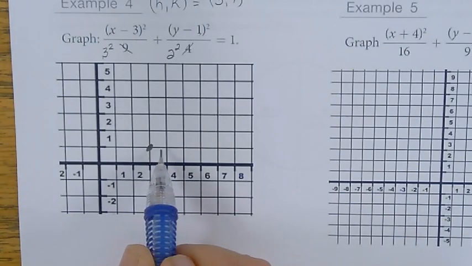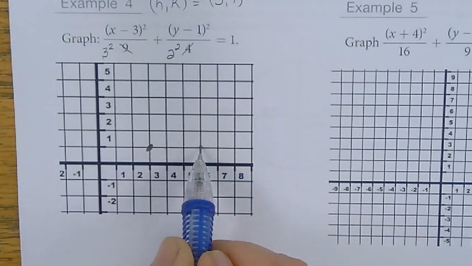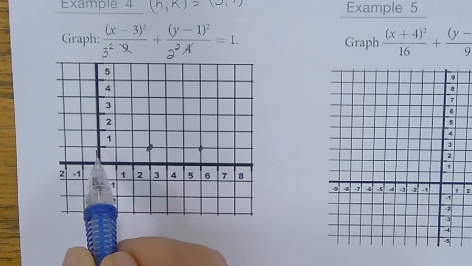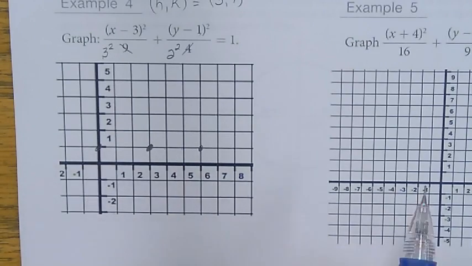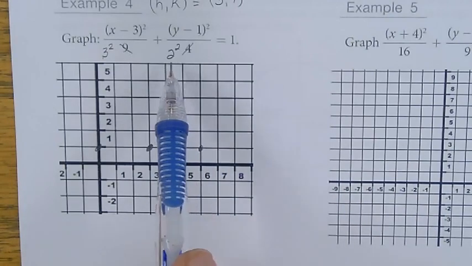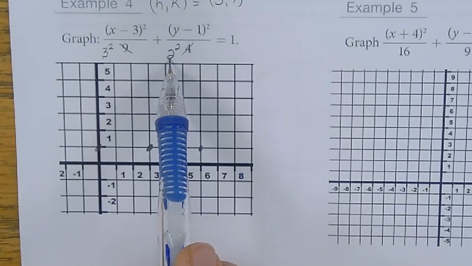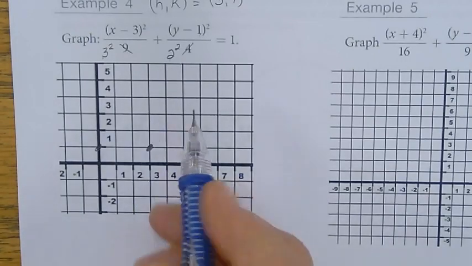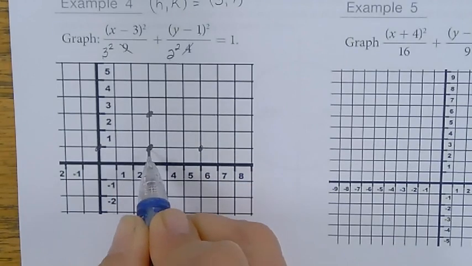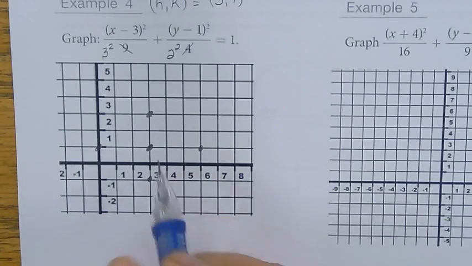So from the center, we're going to go 1, 2, 3, 1, 2, 3. And then the other number, 2 squared, so that 2, we're going to go 2 above the center, and 2 below the center.